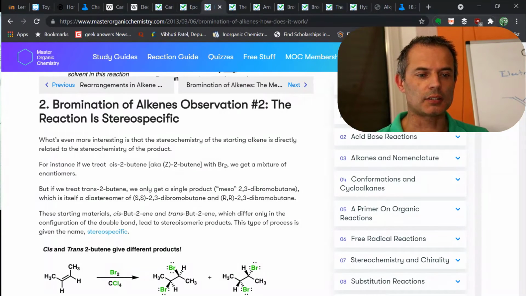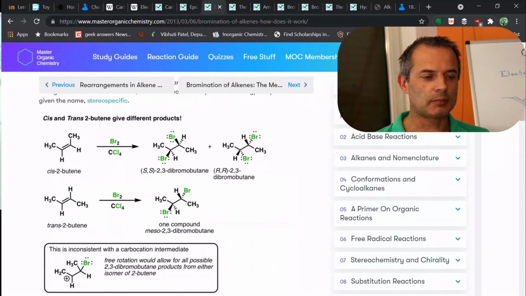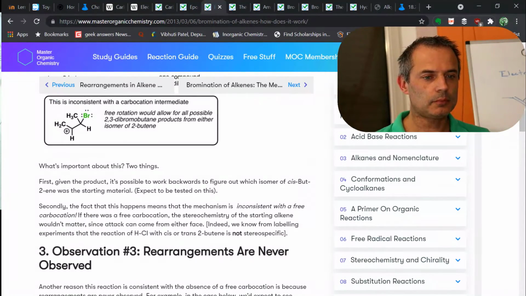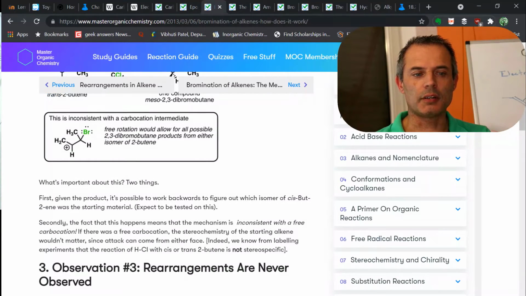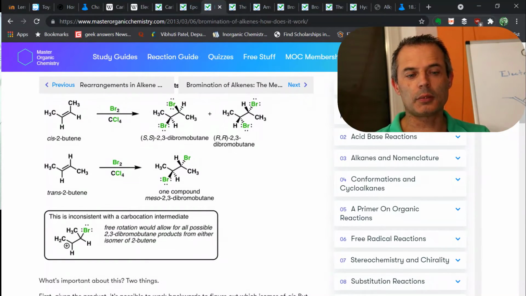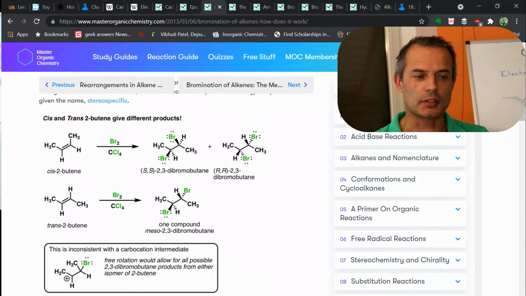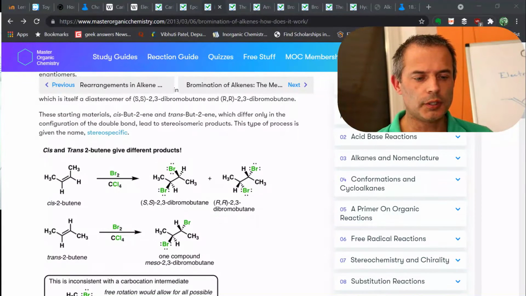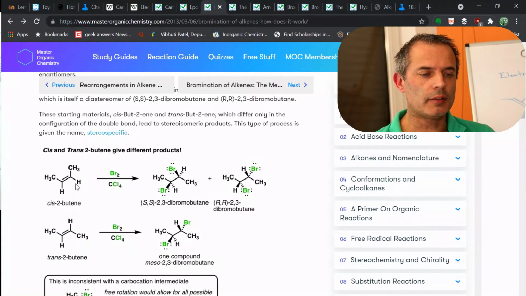So it matters. Something is happening. So what that tells us is there is no carbocation, because the carbocation would remove the information of the chiral centers. So continuing on, we have our reaction and we see results.